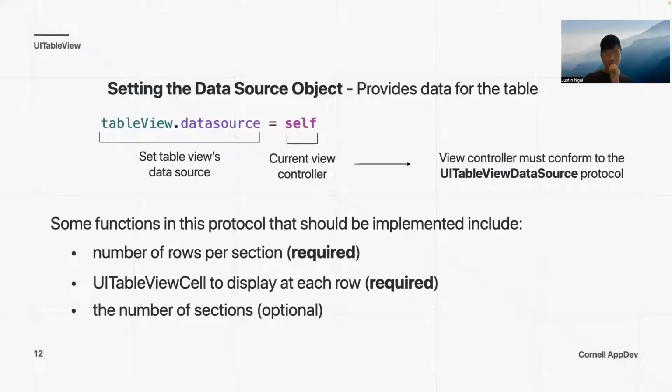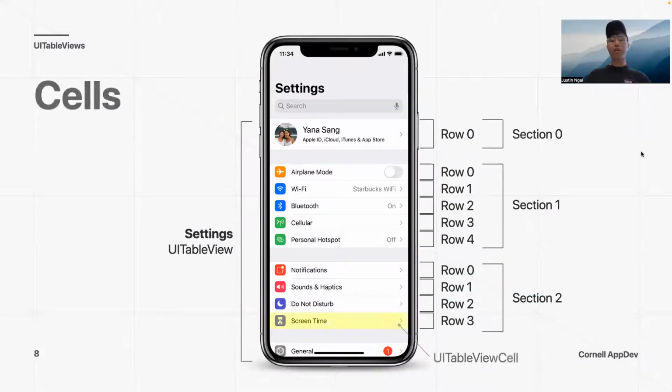One thing you need to remember to implement when you're creating a table view controller, and Xcode will prompt you, because if you forget to write these functions, your code will not compile, is that you need to specify these two things at least, and everything else is optional. The first one is number of rows per section. If you remember back to the settings app that I showed you, the first section, or the 0th section, is just the person's profile, so I have one cell there.